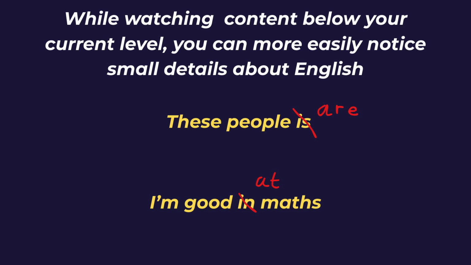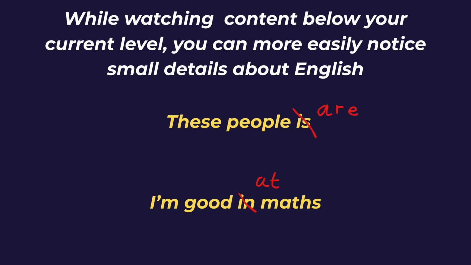Because your brain is not dealing with lots of new vocabulary, it can leave some extra space for you to notice some of the smaller details of English that you may not have noticed if you were busy looking at new vocabulary that appeared. For example, you may notice that it's not "these people is," but it should be "these people are."